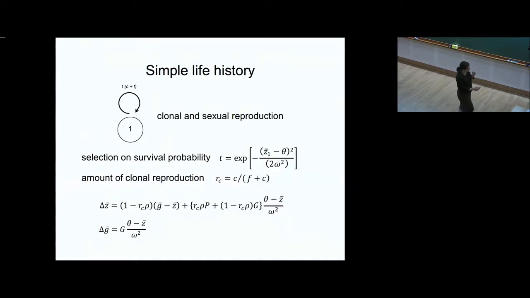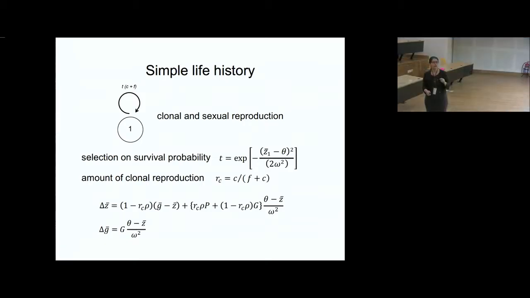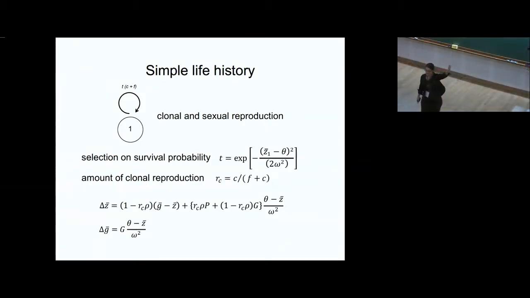If that's 0, then you get a much simpler looking equation. The equilibrium values for both of these go to theta. So adding clonality doesn't change the final equilibrium, but it changes the dynamics, and quite a bit.